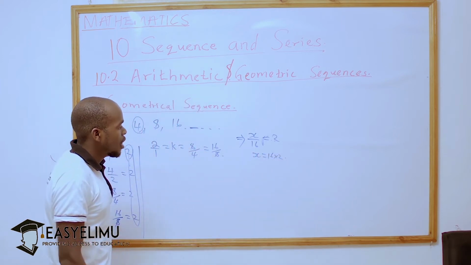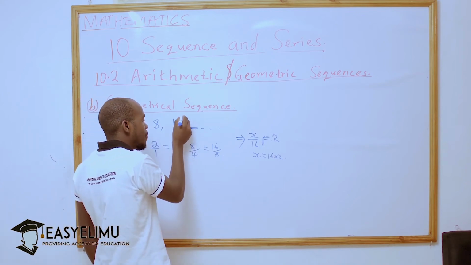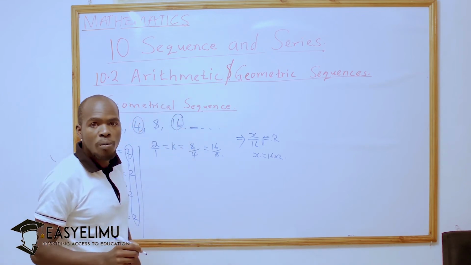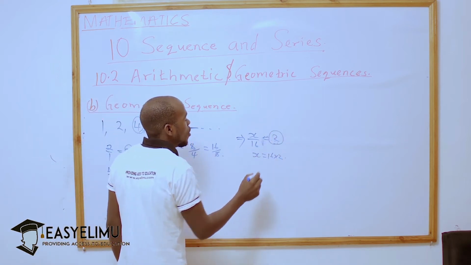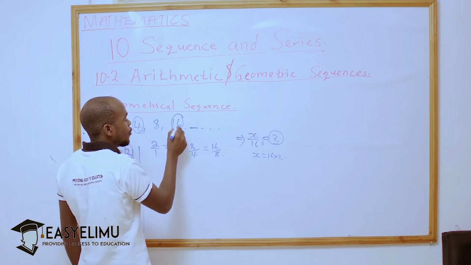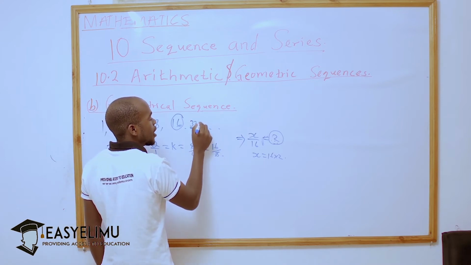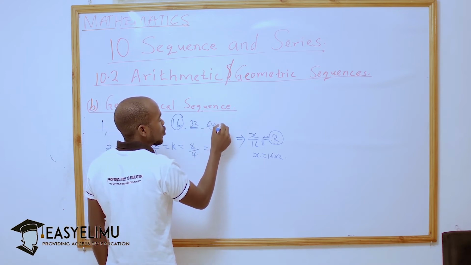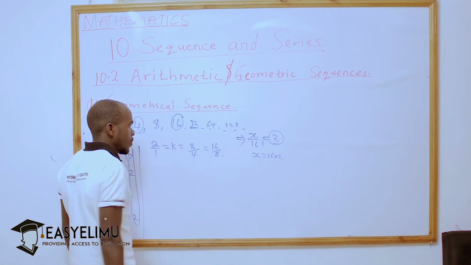So we have found that if you want to find the next number, you take the preceding number and multiply by our common factor, which is 2, which is constant. So 16 multiplied by 2 gives 32, then by 2 you get 64, and as you go on, 128 and so on.